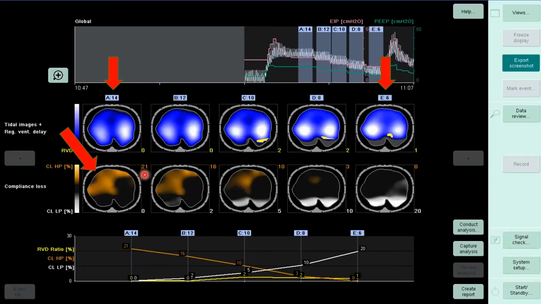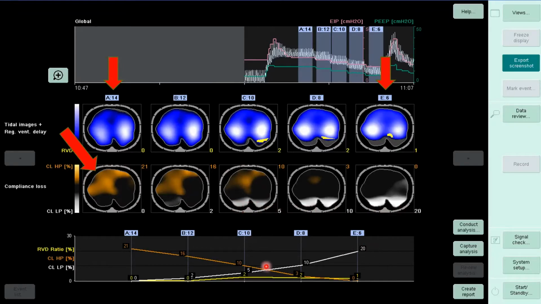As we go to 12, there's 16, go to 10, PEEP of 10. So we see that there's less and less overdistension. But now we're having the color here that's white. Now there's a compliance loss. As we go towards the lower PEEPs, there's a compliance loss at the bases, indicating possible de-recruitment.